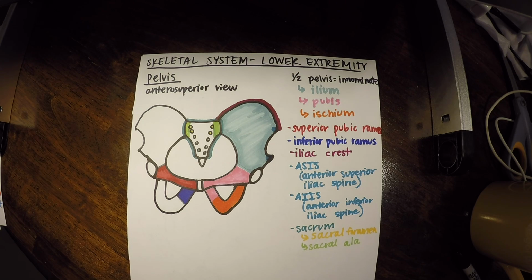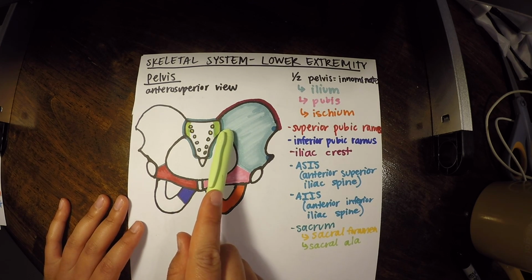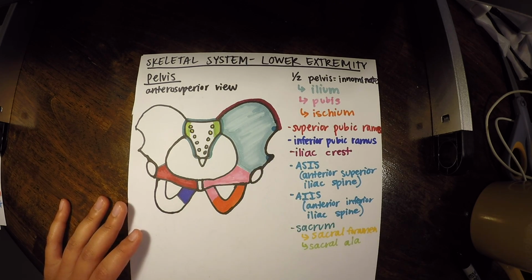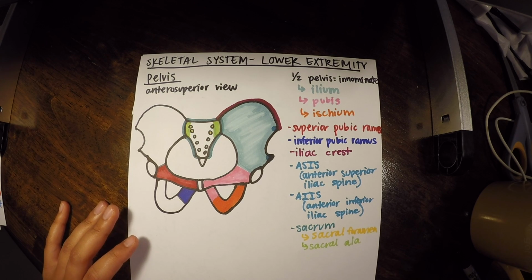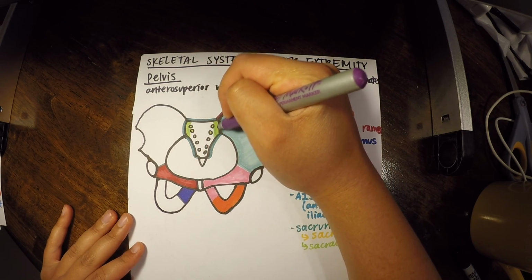And one more thing I want to point out here is the joint between the sacrum and the ilium. That's called our sacroiliac joint. I'm going to make that a deep purple color. So it's gonna be this joint right here.